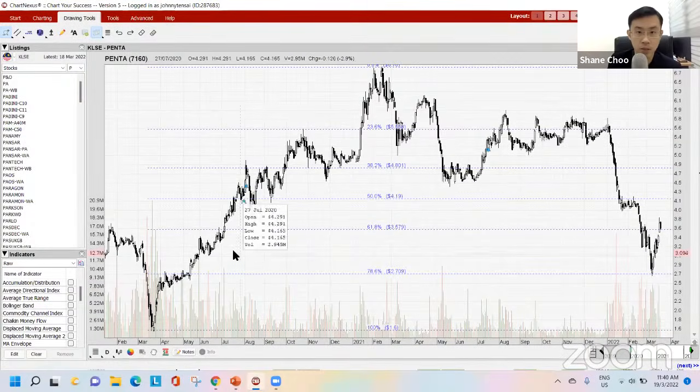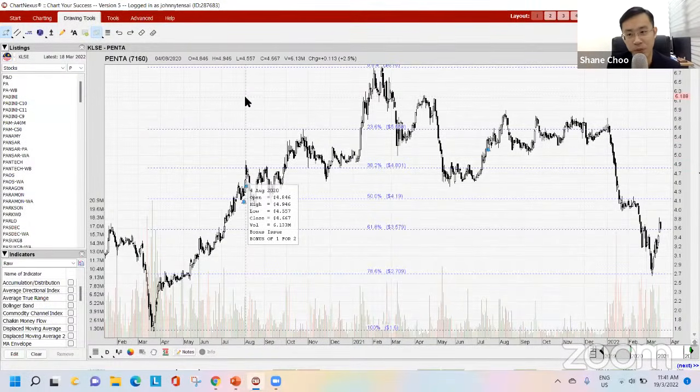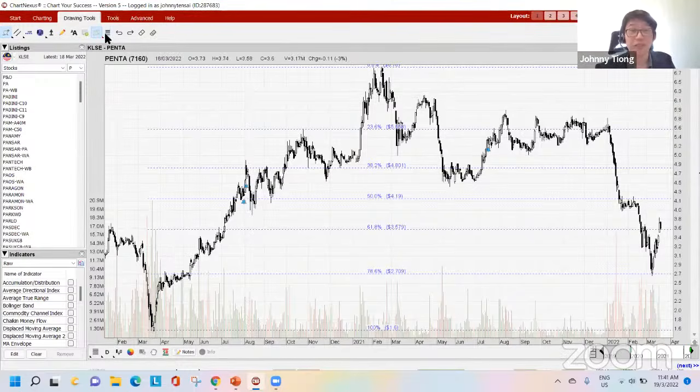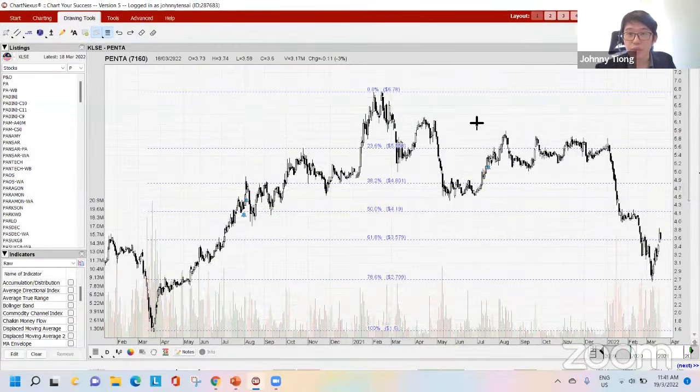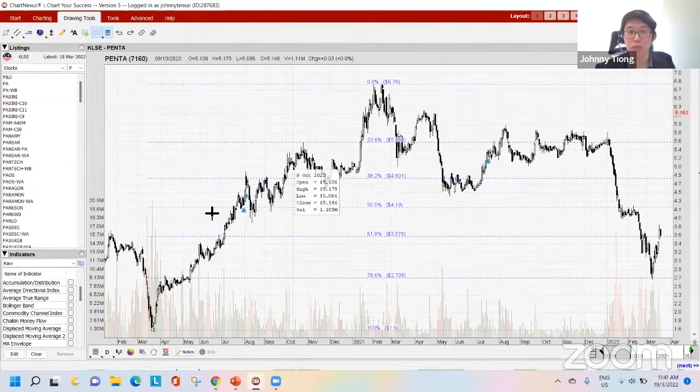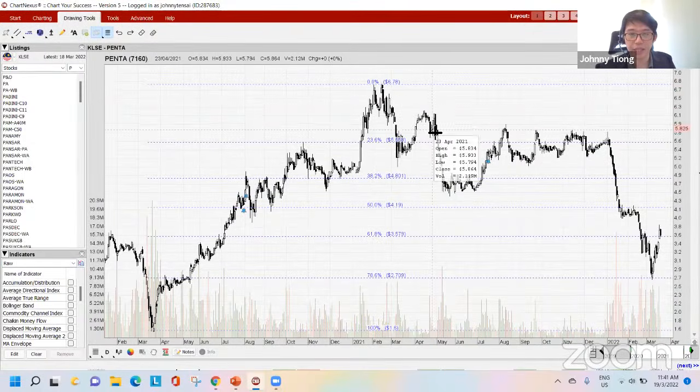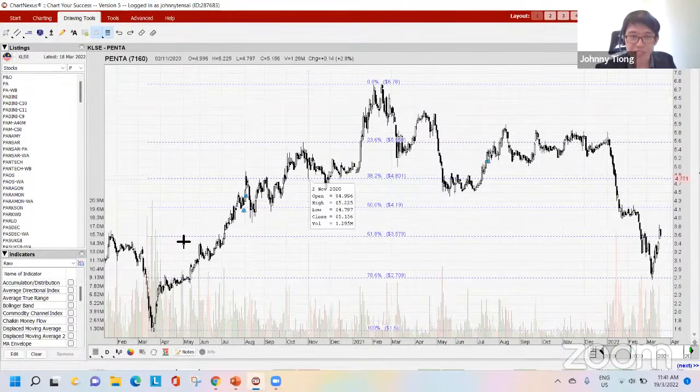Okay, so Priscilla would like to ask, when we draw Fibonacci retracement, is it the same if we drag it from top to bottom or bottom to top? What difference does it make? Let's try and see. It's basically the same. Why we draw from top to bottom is because we want to see how much the stock price has retraced.